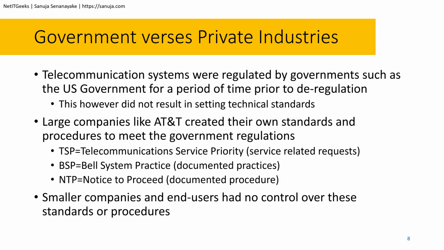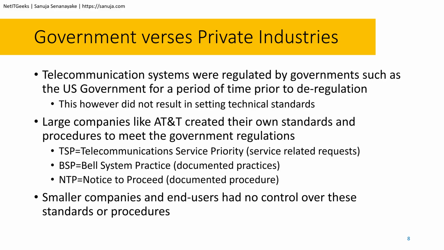So, government versus private industries. Telecommunication systems were regulated by governments such as the US government for a period of time prior to deregulation, right? This, however, did not result in setting technical standards, because a lot of people think the regulations that the US government had prior to deregulation set standards strong enough that they'd carry over to the deregulated market, but that didn't happen.